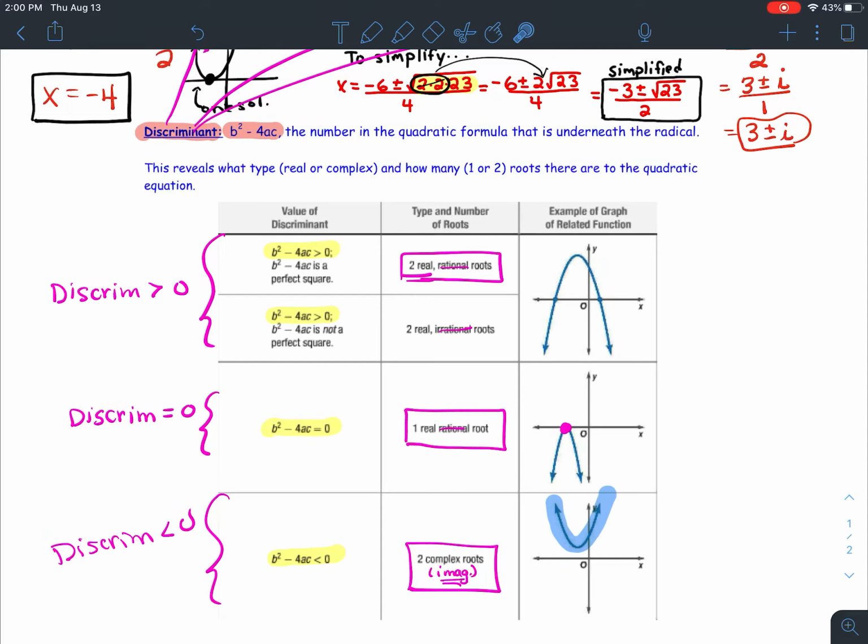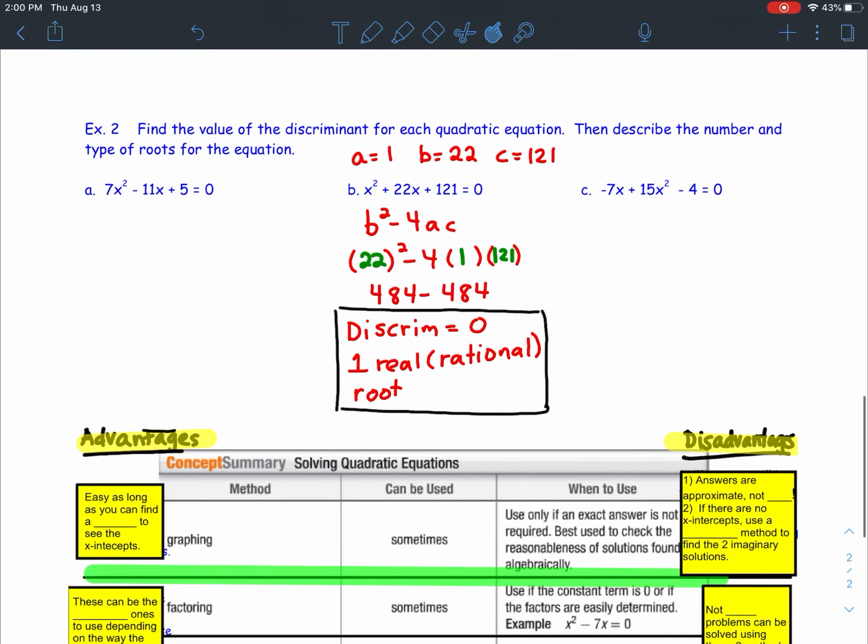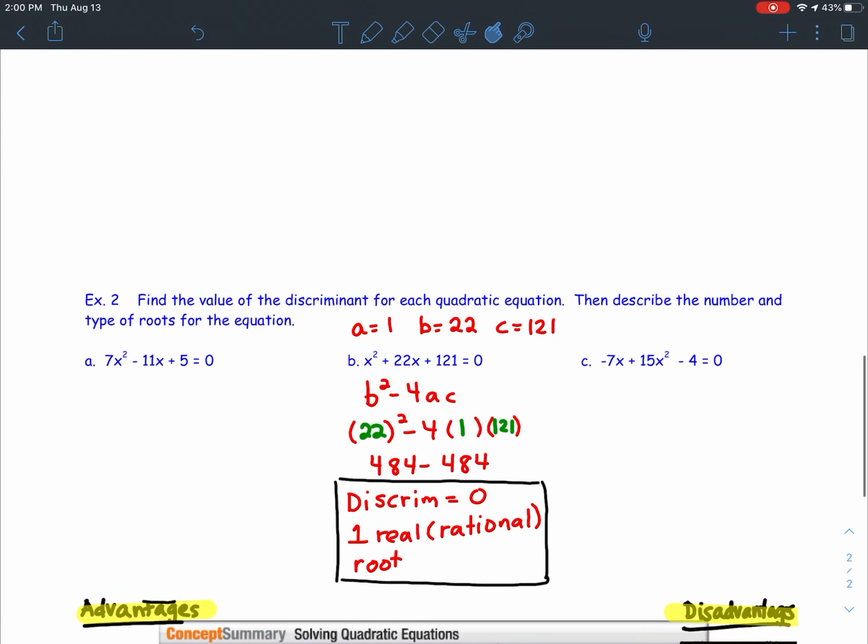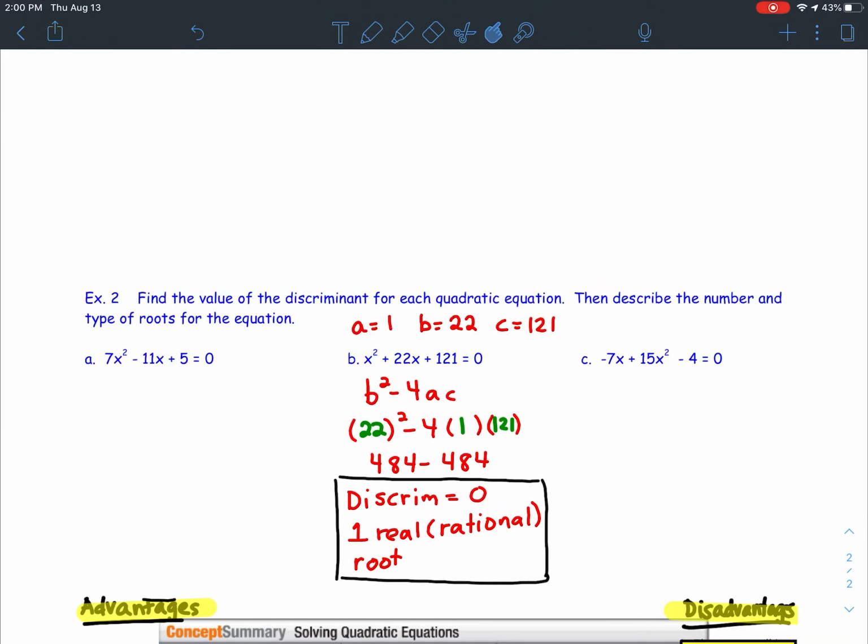There aren't any real number solutions, but there are two imaginary solutions. So from now on, when you're doing the graphing method, if your parabola would look like this and have no x-intercepts, you would need to write down no real number solutions, and then to get the two imaginary solutions, you would need to pick a different method, such as the quadratic formula.